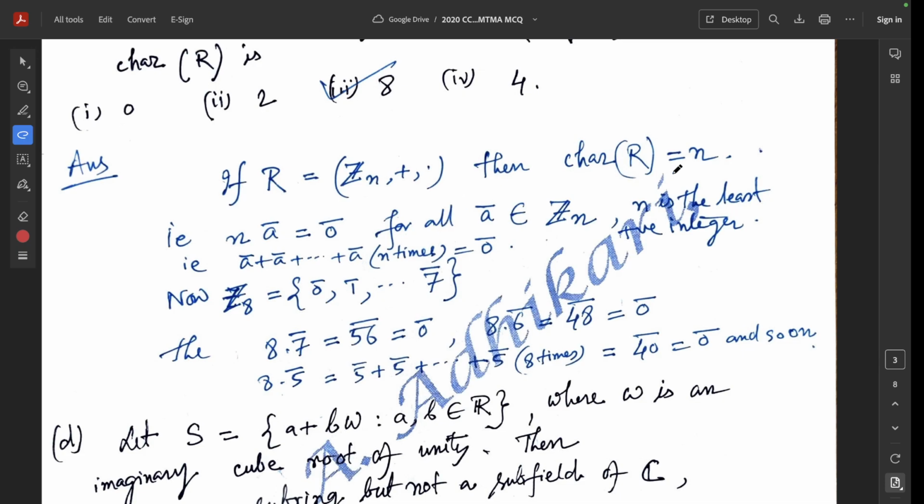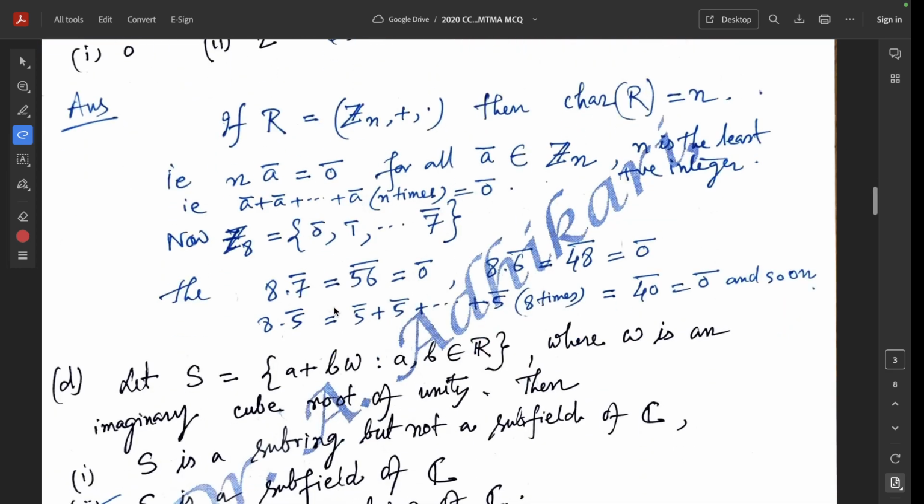That is, characteristic n means n times class A equals class 0, where n times class A means class A plus ... plus class A, n times. This is equal to class 0 for all class A belonging to Zn, and n is the least positive integer for which this relation holds.